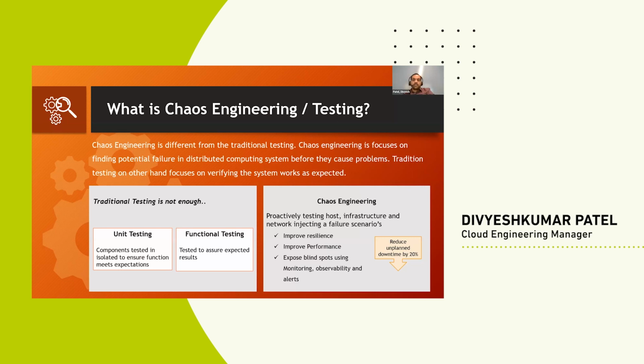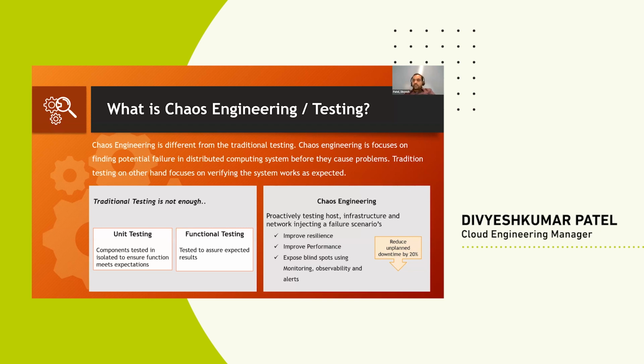But chaos engineering helps improve resiliency and performance, and helps expose blind spots using different monitoring. Overall, chaos engineering helped reduce unplanned downtime by 20%. This is based on AWS research, and whatever facts I'm telling are based on Gartner or AWS research.